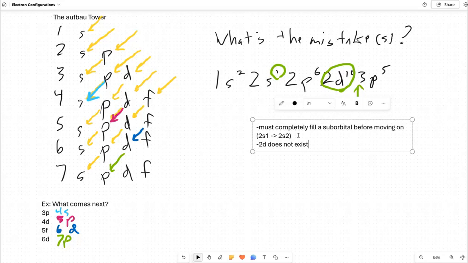So this would have been the same if I tried to trip you up with a 1p. So if off-bow designates which suborbitals are permissible and where they are, adding one that does not exist kind of breaks that rule. Okay, here's the other one. Cannot skip suborbitals, meaning they need to pop in a 3s before they start talking 3p.